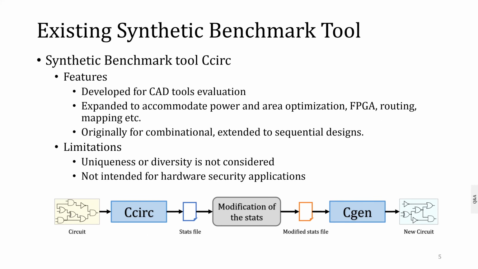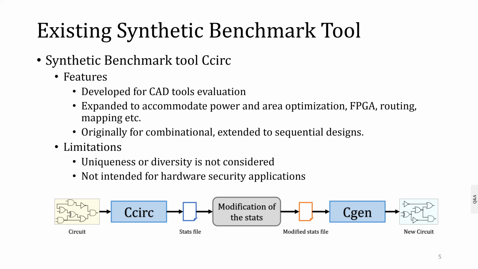Synthetic benchmark tools were first introduced again in the 80s in order to support the needs of CAD tool development, and they have been adopted in many works further, like in floor planning, placement and routing, and FPGA, but they have not actually been adopted in hardware security before.